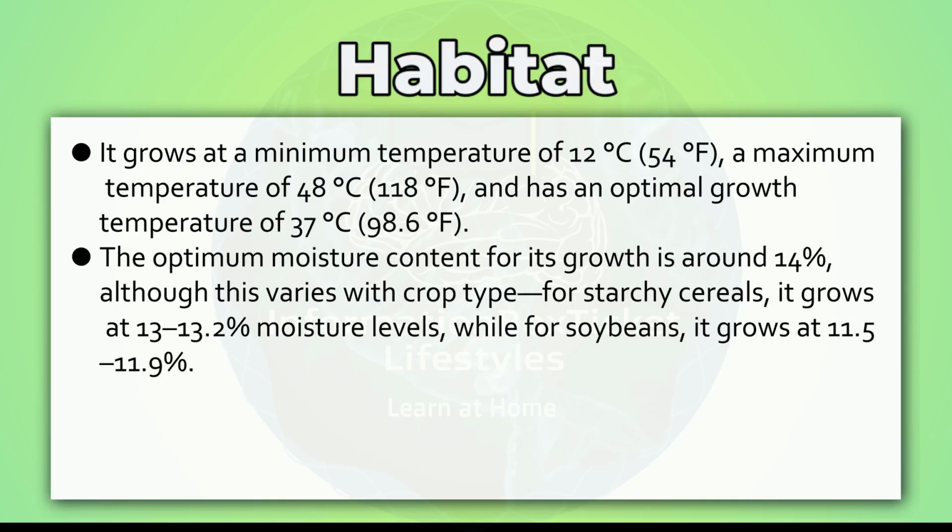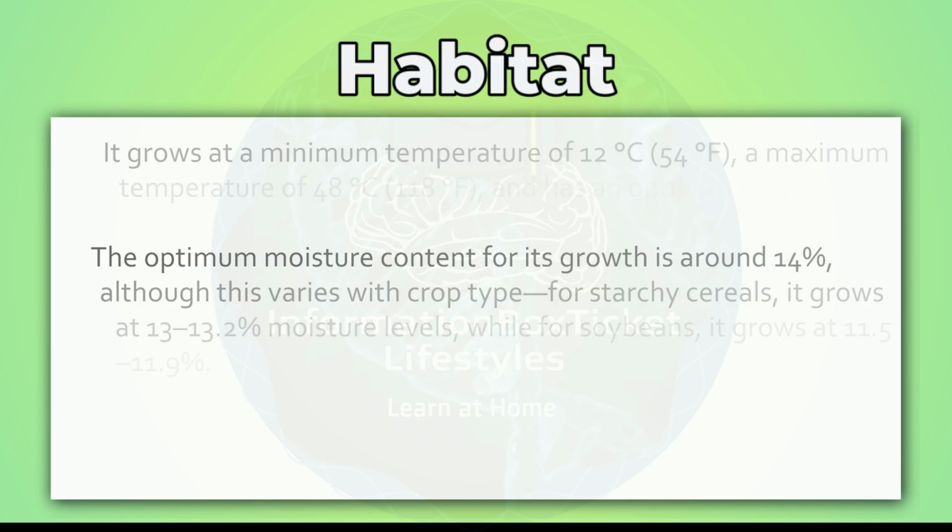The optimum moisture content for its growth is around 14%, although this varies with crop type. For starchy cereals, it grows at 13 to 13.2% moisture levels, while for soybeans, it grows at 11.5 to 11.9%.